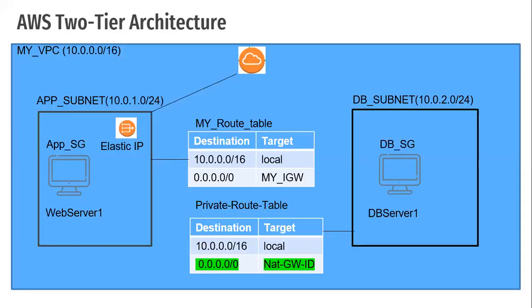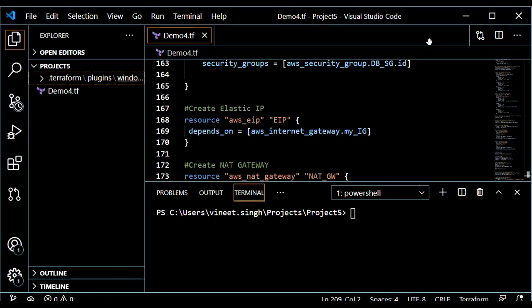Now that we have a basic idea of what we are trying to implement, let's jump into the code. The rest of the code remains the same, so we'll just look at the part which we have done additionally. In order to create this deployment, we have to request an elastic IP address from AWS.